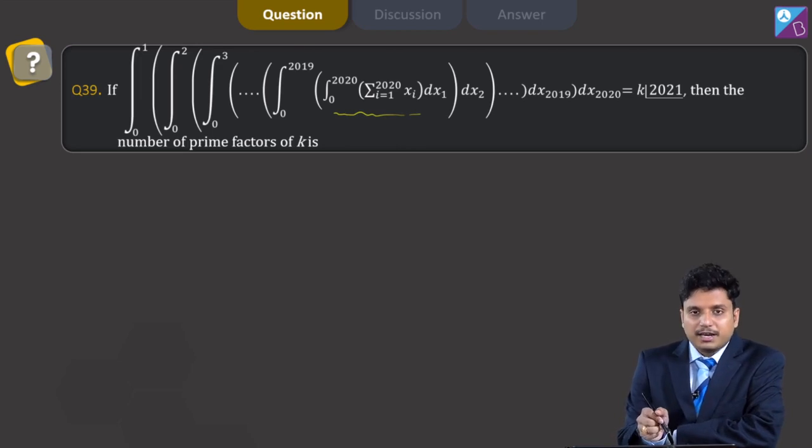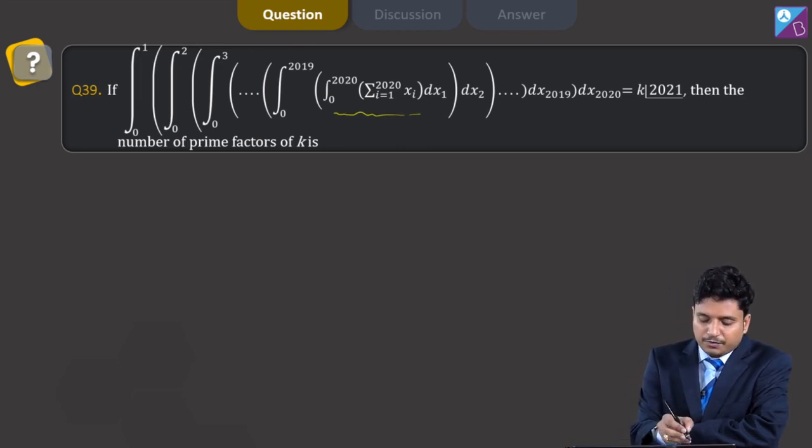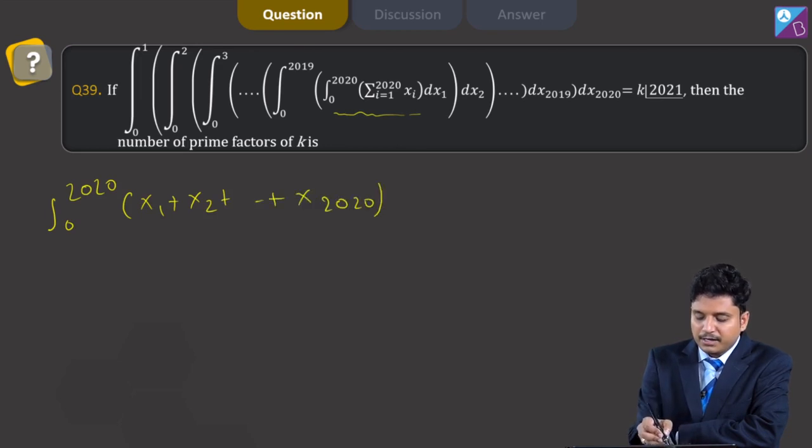Of course, we are not able to actually integrate all these terms. We will try to develop a pattern and accordingly give our solution and answer. So first of all, we take the integral from 0 to 2020 of x1 plus x2 up to x2020 dx1.